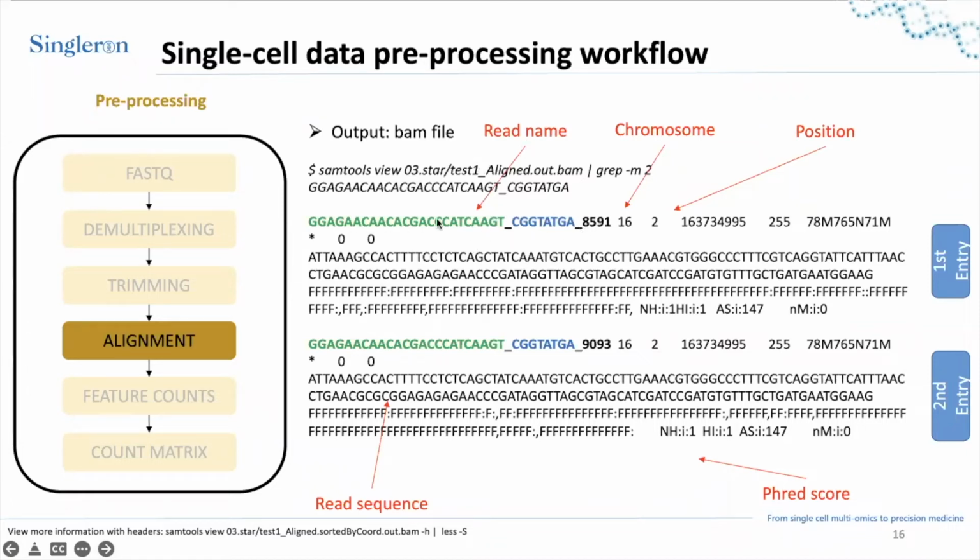Again, it takes the cell barcode as well as the UMI, and then it shows the chromosome where this read aligns to, the position on the chromosome, as well as the read sequence and the Phred scores. The Phred scores indicate the quality of the mapping. And some of the other text towards the end shows additional information about the mappings.